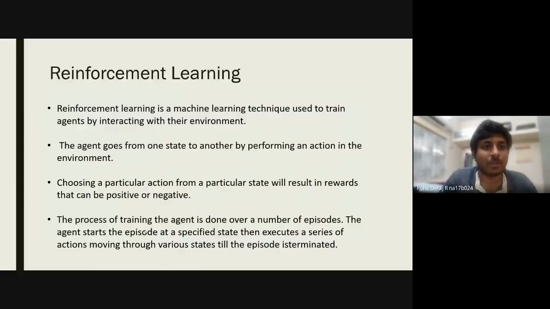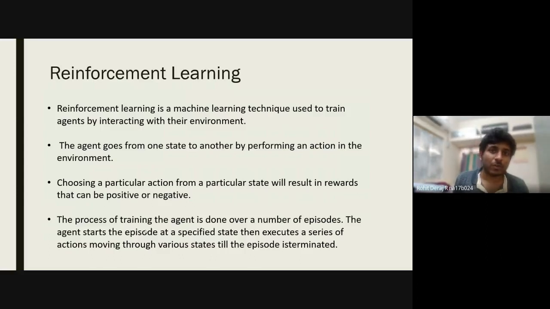Okay, I'll proceed with reinforcement learning. Reinforcement learning is a machine learning algorithm used to train agents by interacting with the environment. In the environment, the agent performs actions, and by performing an action it goes from one state to another state.